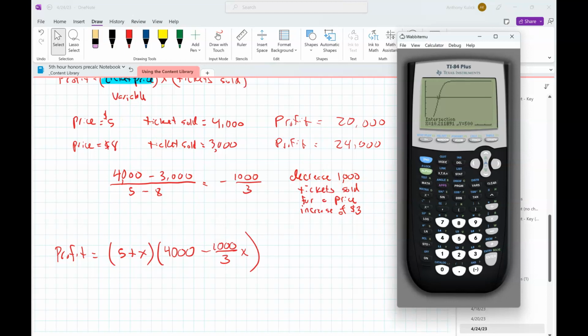There we go. So I'm just going to type this in just as it's written on my piece of paper, and then go ahead and find that maximum.